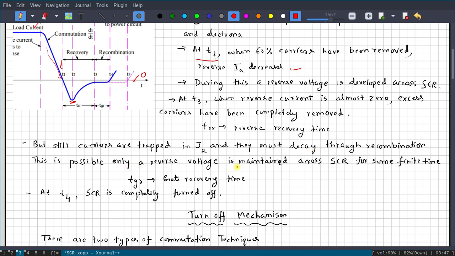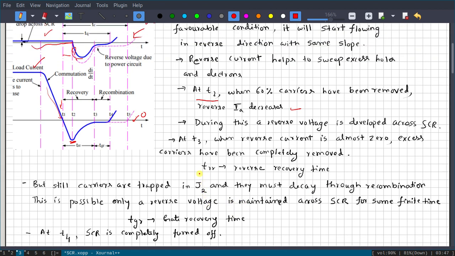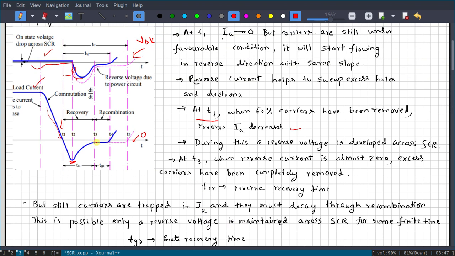This is possible only if a reverse voltage is maintained across the SCR for some finite time. So it is not enough to just reduce the anode current. You have to hold a reverse voltage. You can see here this reverse voltage is still maintained. You have to maintain that reverse voltage so that recombination takes place within the inner junction J2.